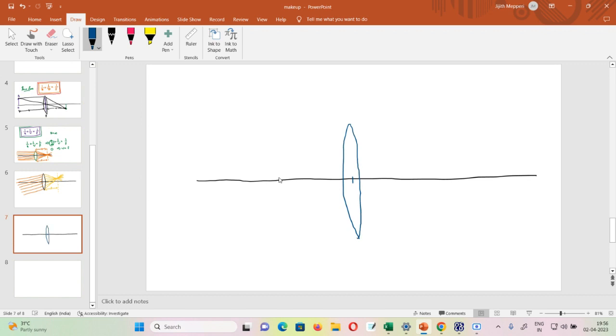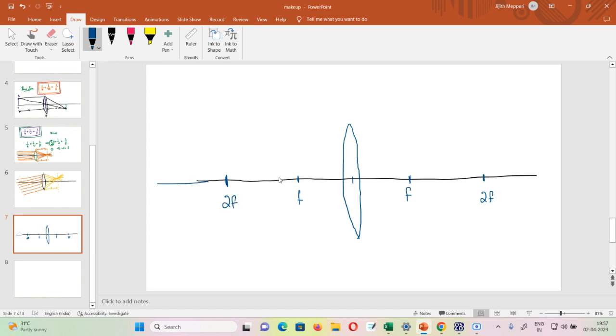Now we can define different points here. Let this be the focal length of the lens. I can mark the focal length on either side of the optic axis, and the double distance of the focal length we call 2f. On this side also we can mark 2f.